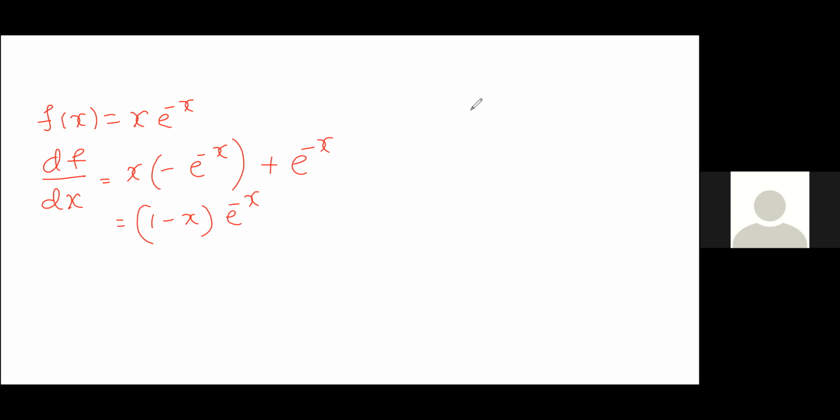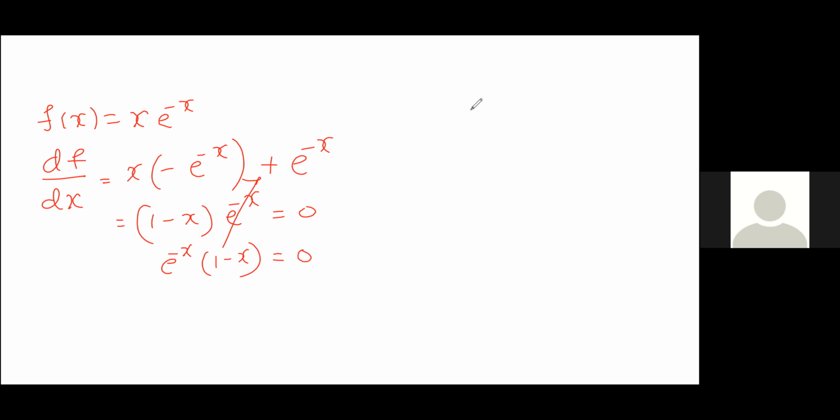Now you equate this to 0. Either e power minus x equals 0. Is it possible? Definitely this will be non-zero. The only possibility is 1 minus x equals 0.